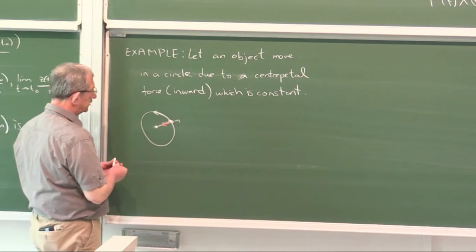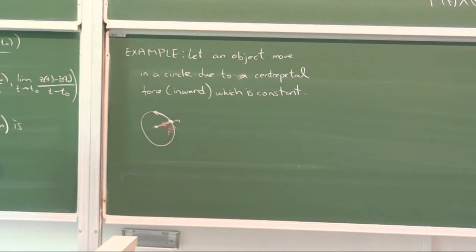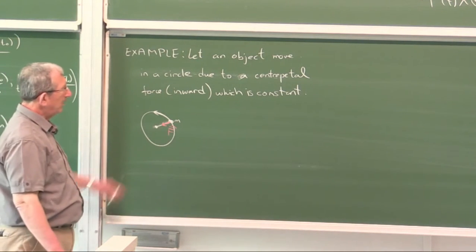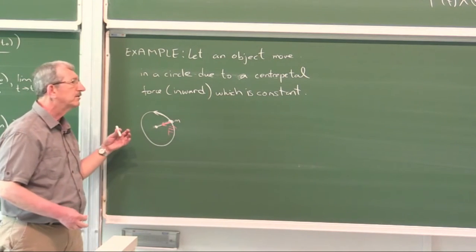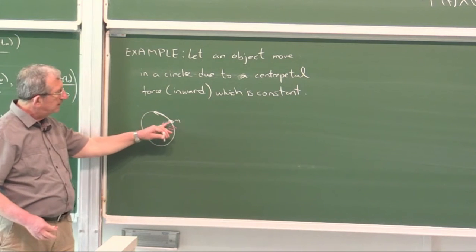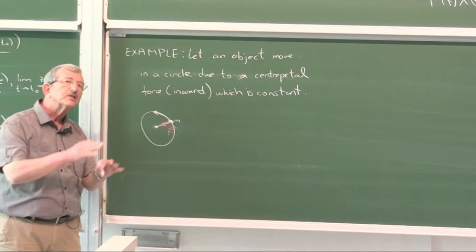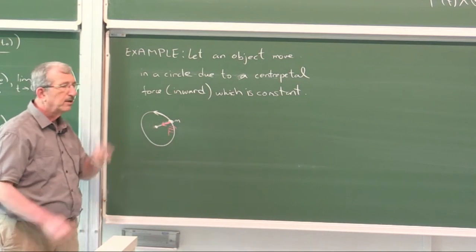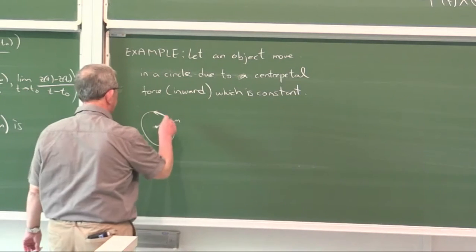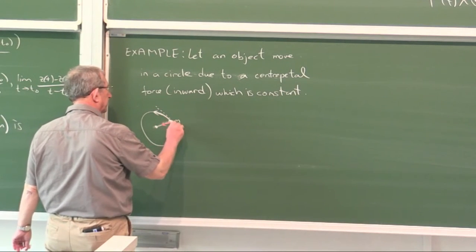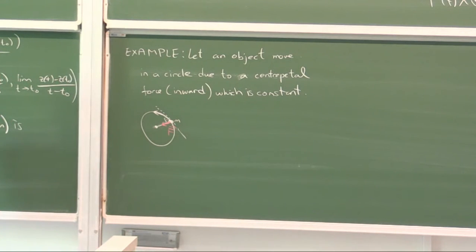This is the force F. Well, a centripetal force pulls the object, but because the movement is on the circle, it's always perpendicular to the trajectory of the motion. So we have here the tangent line is perpendicular all the time.